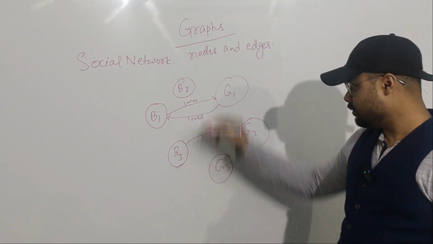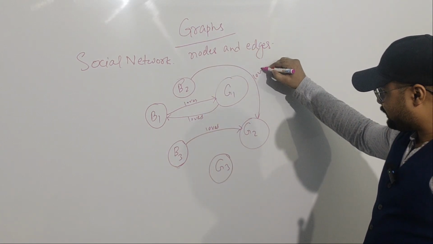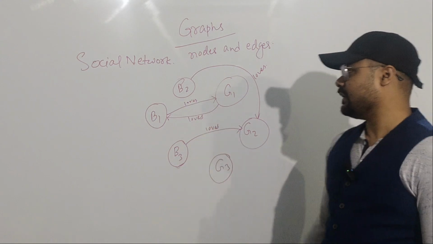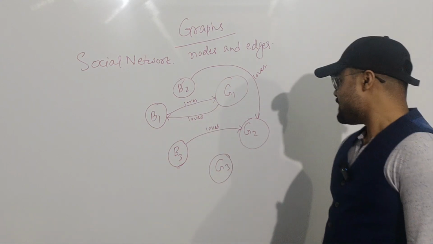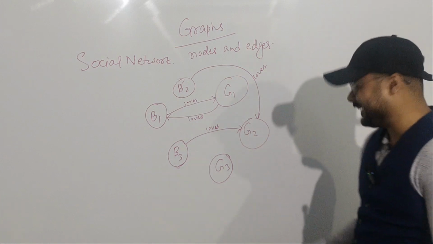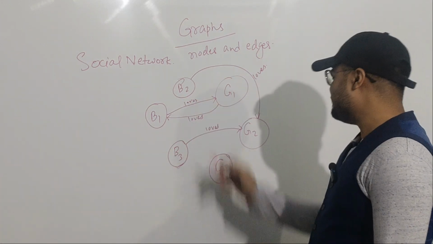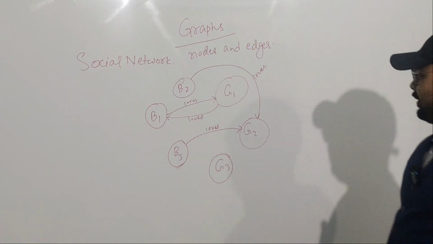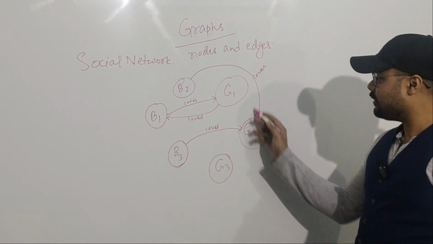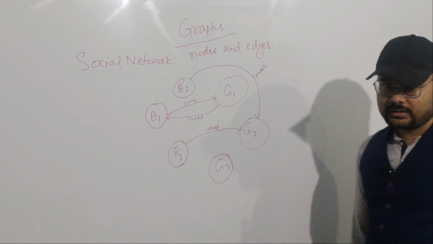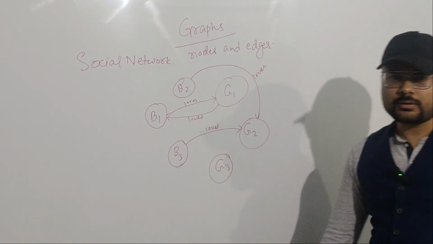But in that case also, this is a one-sided love, and B2 is an evil person because he is stealing someone else's girl. So B2 loves G2, but still there is not going to be a reverse edge because this type of girls are not capable of love.